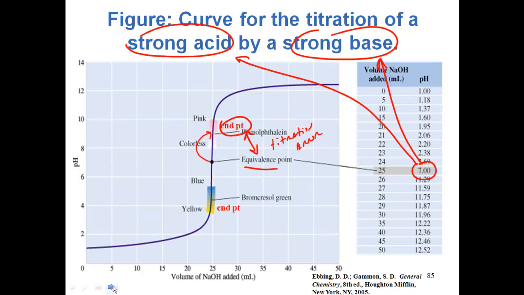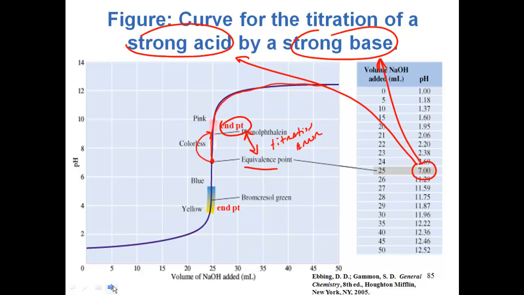Now I can go the other way. I could say that my base is my analyte and put the acid in the burette and make that my titrant, which would mean that my reaction would be going this way, coming down. Okay, so when I reach my equivalence point, I couldn't use the same indicator because my equivalence point is beyond my 8 to 10 pH. I started off at a basic pH because that was my analyte.